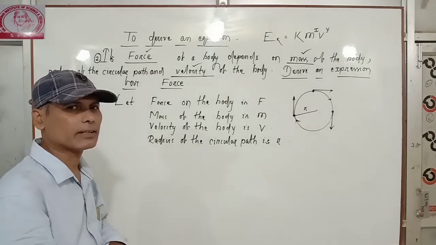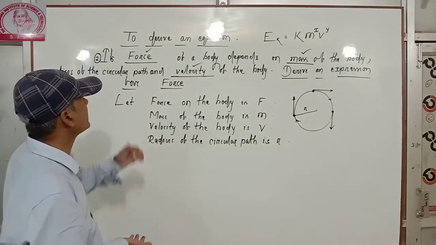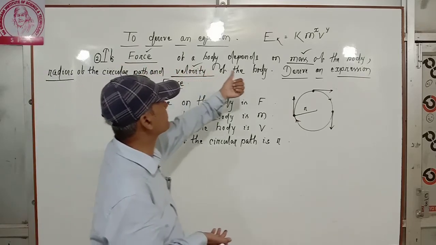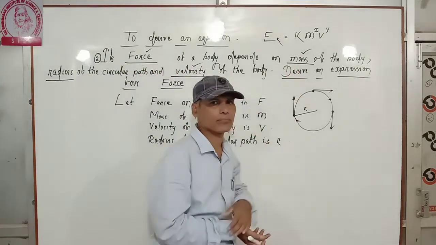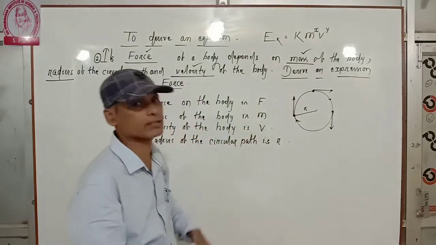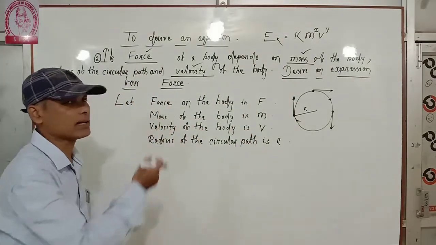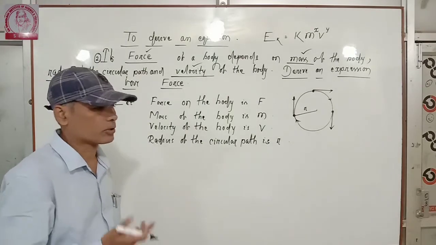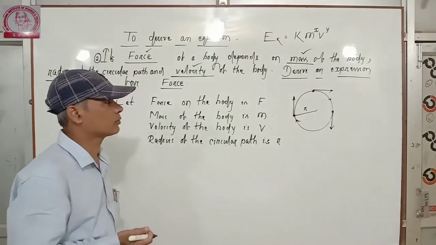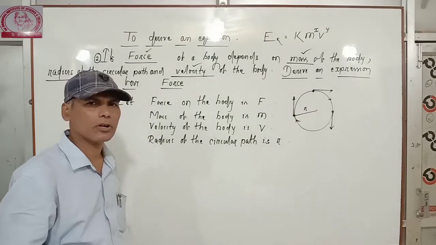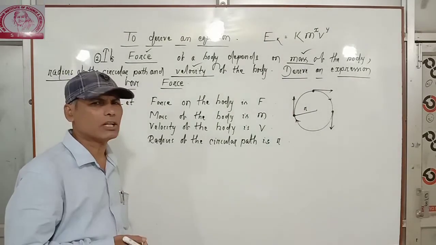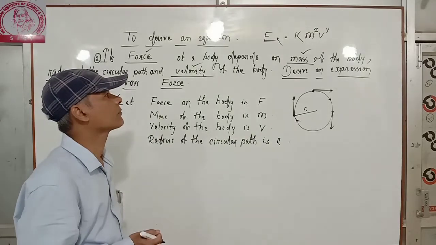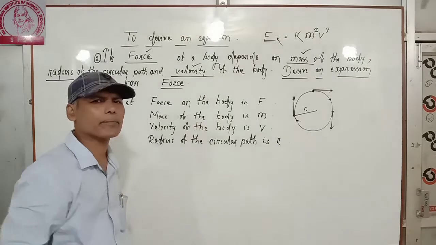In the last question, I stated that if force of a body depends on mass, it is written simply mass. It is not written whether it is 1 by m, m square, or m cube. So there is no certainty that it is simply m.